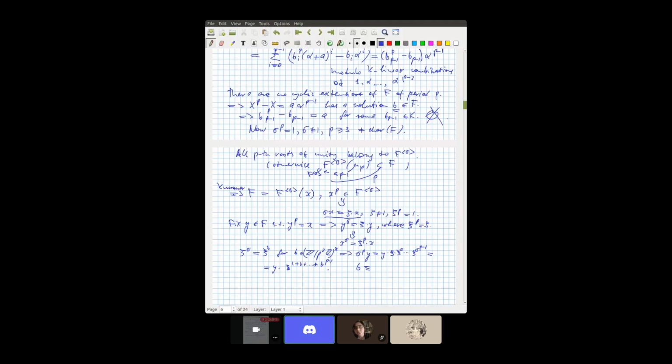It's written here that zeta is fixed by sigma, and this implies that b is congruent to 1 modulo p.